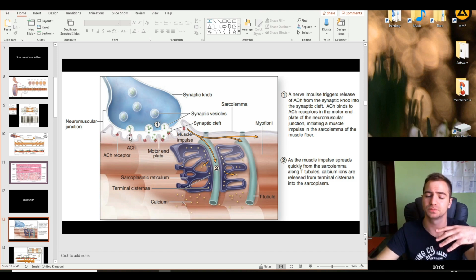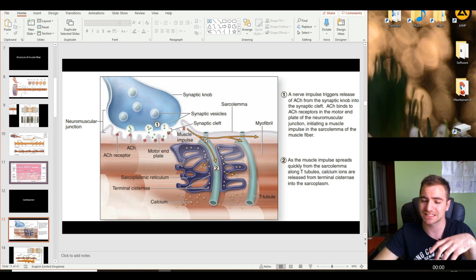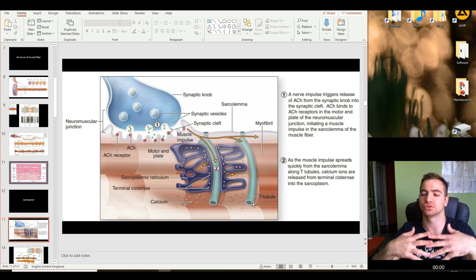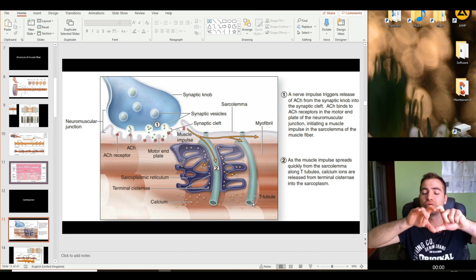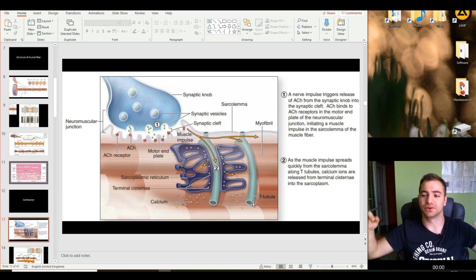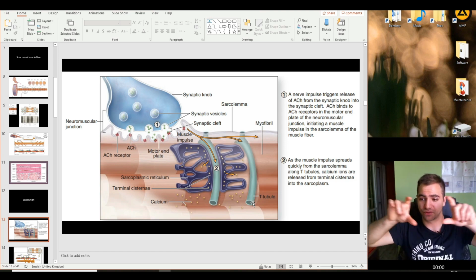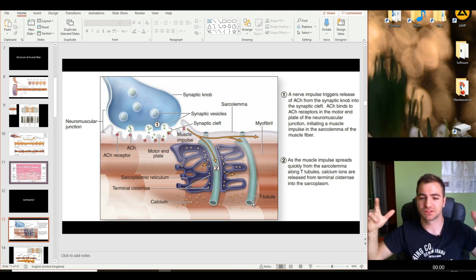This acetylcholine is going to activate the sarcoplasmic reticulum through these tubules, which are called T-tubules. What are these T-tubules? Because we need the contraction to take place throughout the whole muscle fiber at the same time, we need to allow calcium to do its job in the whole unit, throughout the whole length of the muscle fiber.